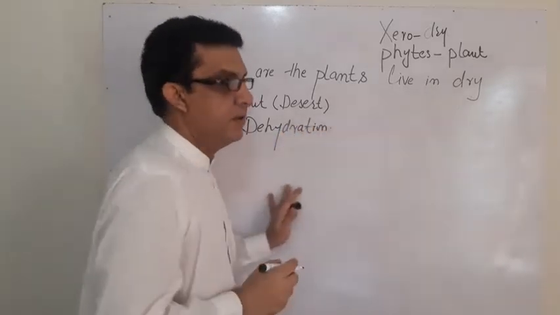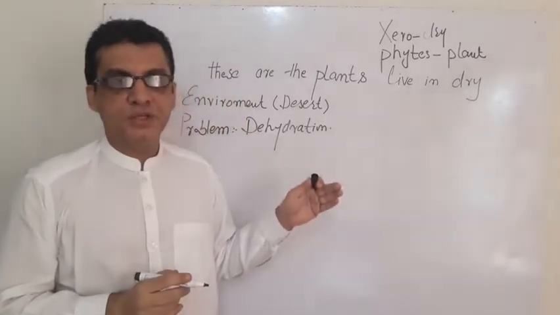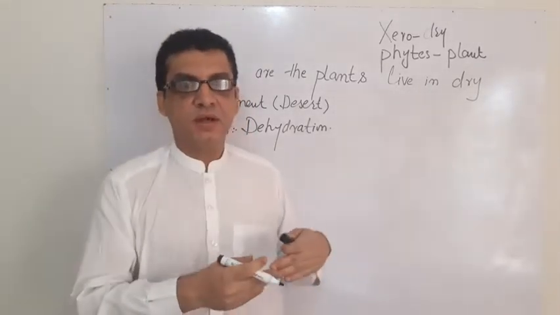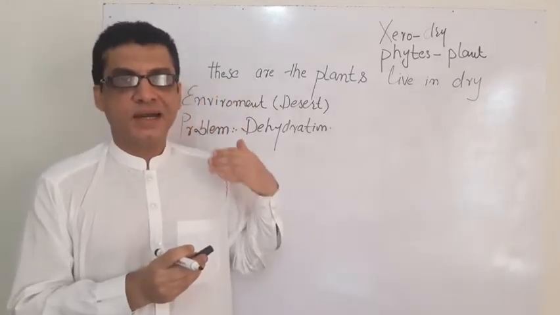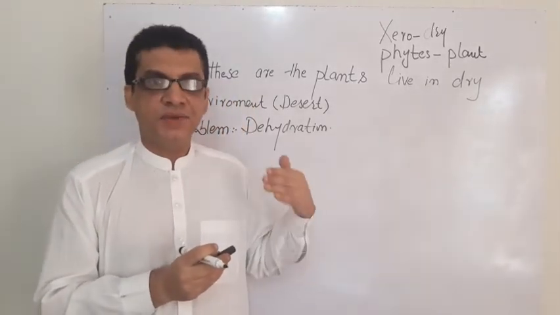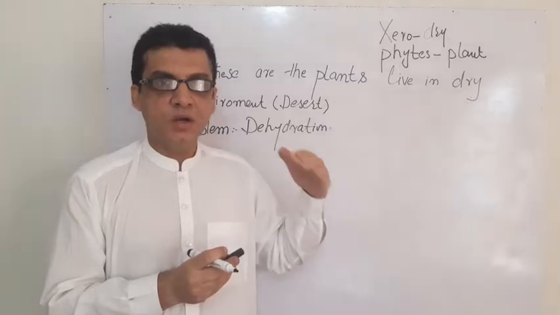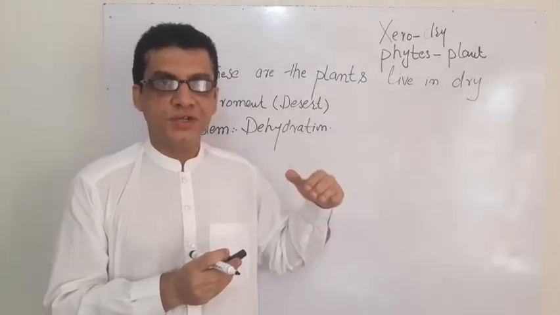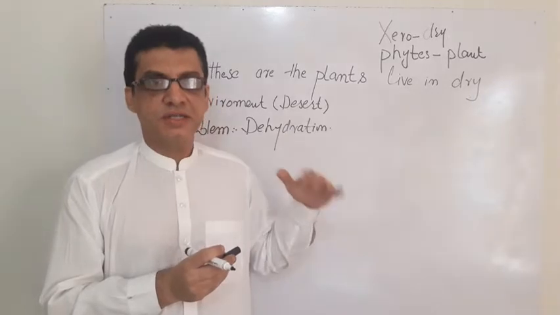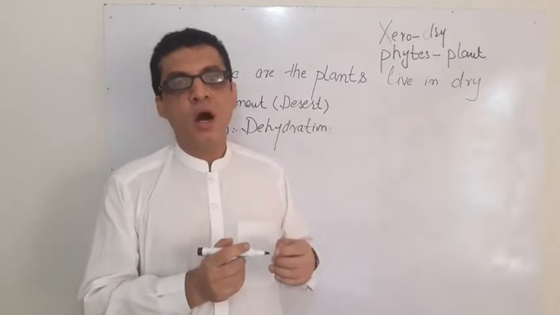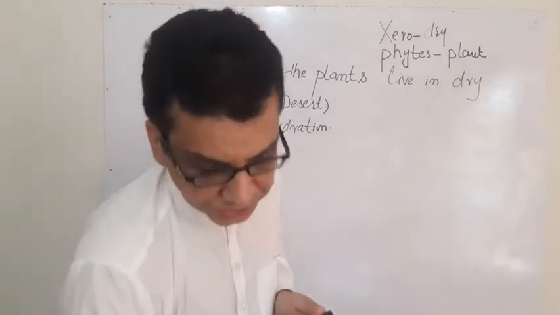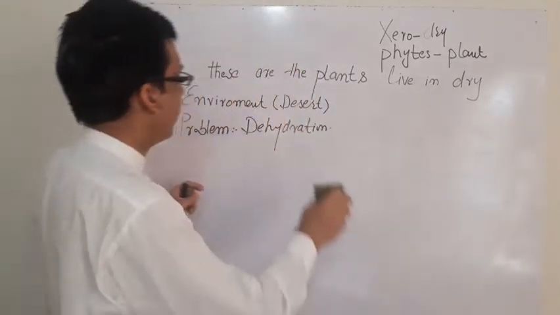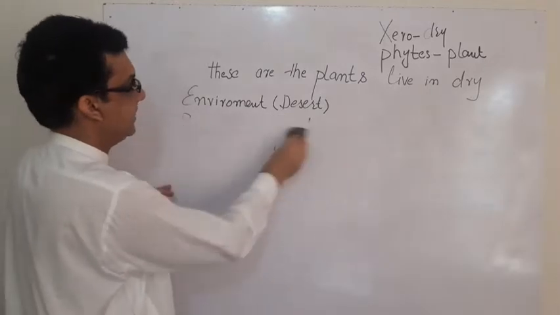But they maintain their osmoregulation. They have some mechanisms, some adaptations. They have adopted some character traits by which they maintain the water and solute concentration constant inside their body. Now, what are those adaptations? Let's discuss these adaptations of the xerophytes one by one in detail.